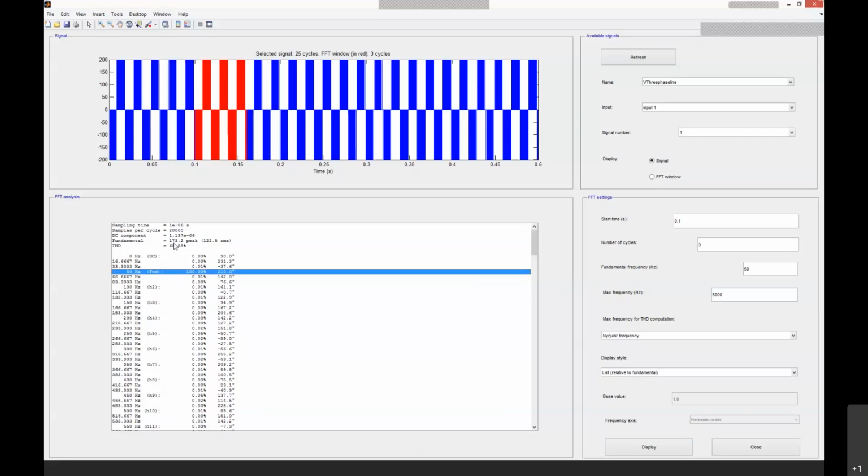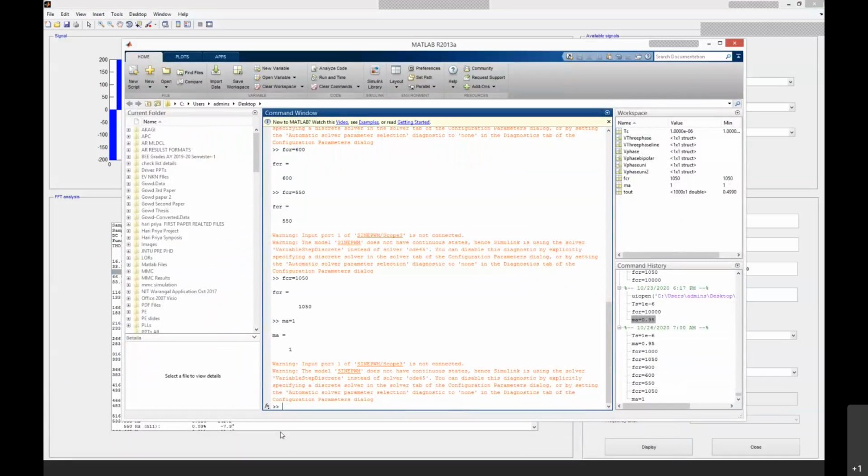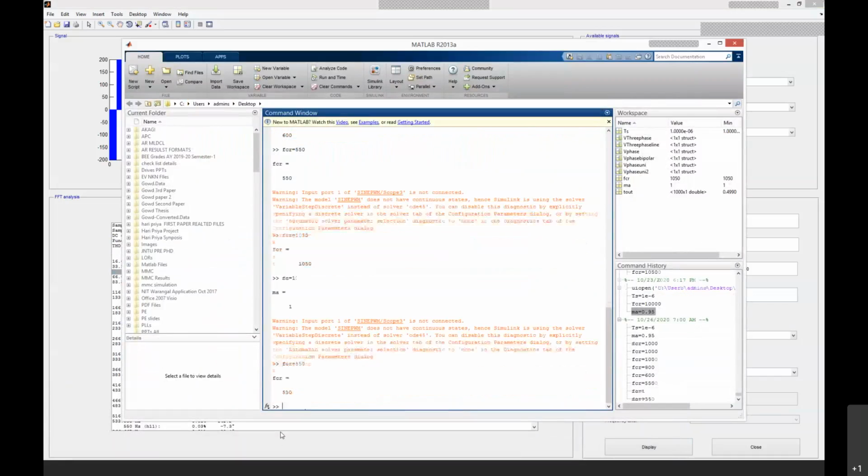So if you give MA equal to 1, the fundamental line voltage RMS value is 122.5 for a VDC of 200 volts. All these things you can observe, including all the interharmonics and subharmonics. Is this clear?